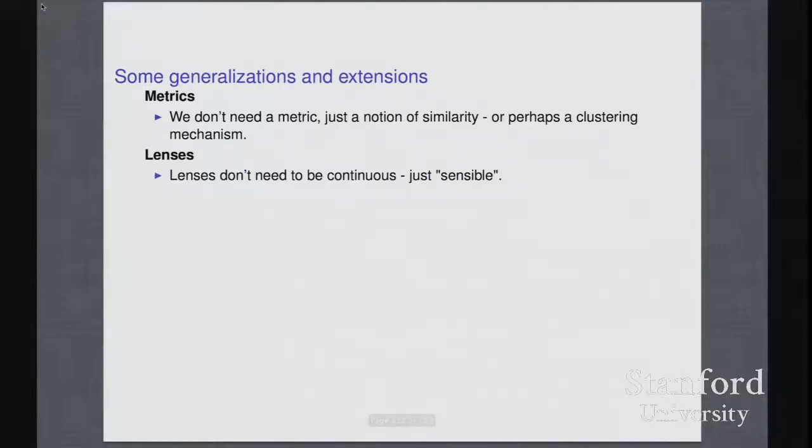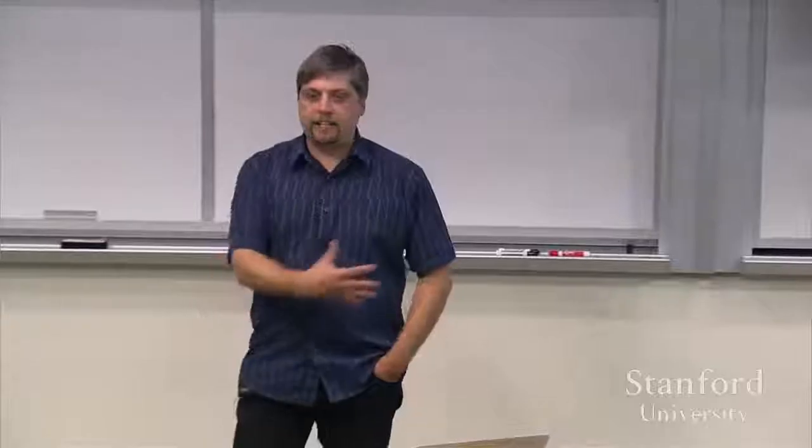Lenses don't need to be continuous. I had said before, just think of a continuous function, but lenses don't need to be continuous. I don't want to say exactly what they need to be. They need to be sensible, meaning they should have some meaning for the data set you're looking at.